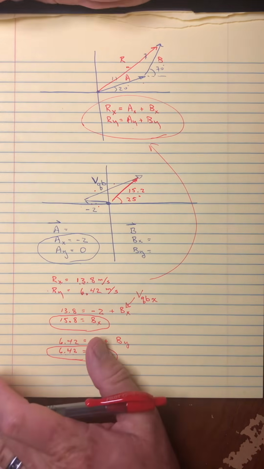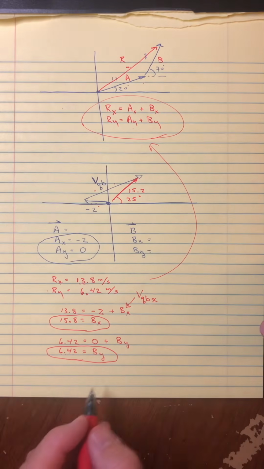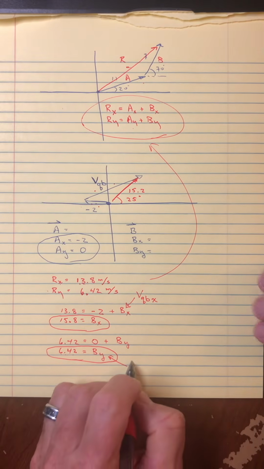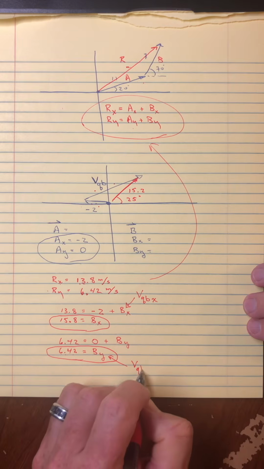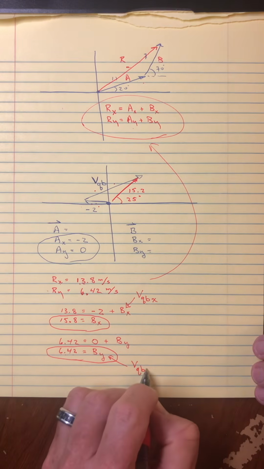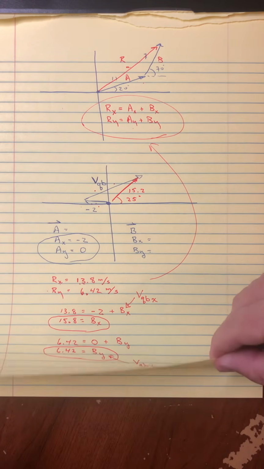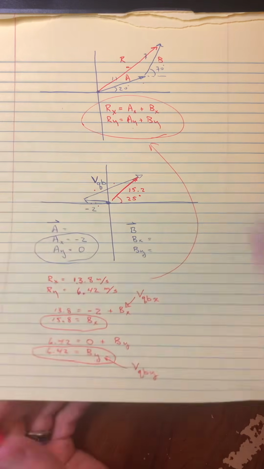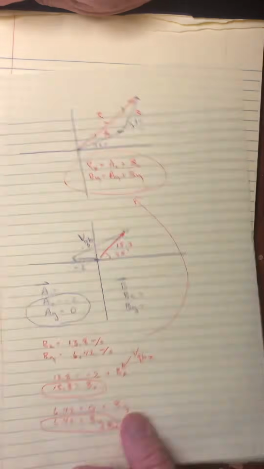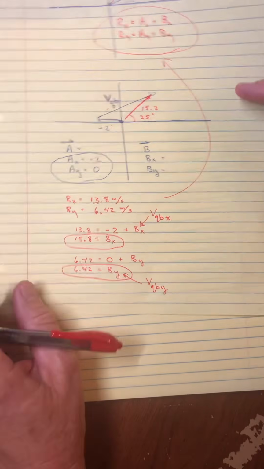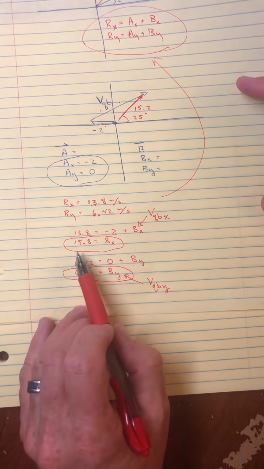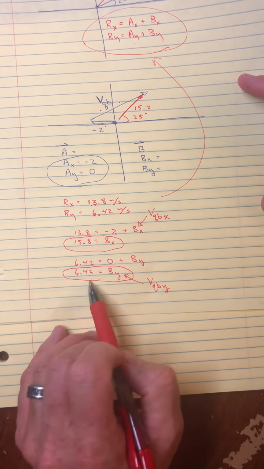So now we can finally answer this question, and so maybe I should point out this would be the velocity of the ball relative to the quarterback in the y direction. And they ask for that initial speed. So from the quarterback's perspective, quarterback is throwing it with this much horizontal and this much vertical.